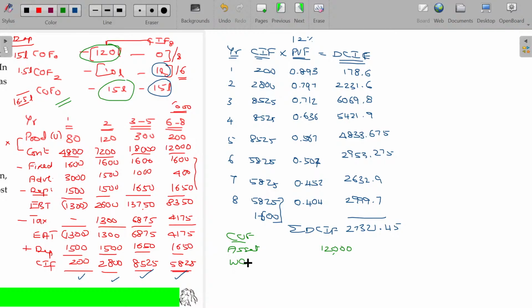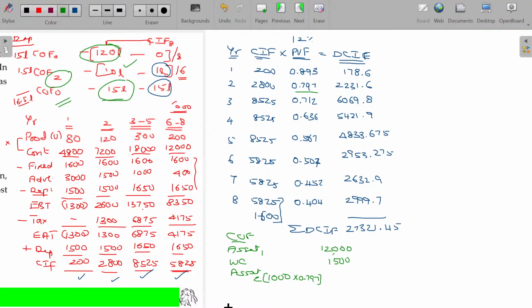For working capital 15 lakhs, otherwise 1500. For asset 2 10 lakhs, otherwise 1000. But this asset 2 is invested at the second year end. The second year end conversion rate being 0.797.